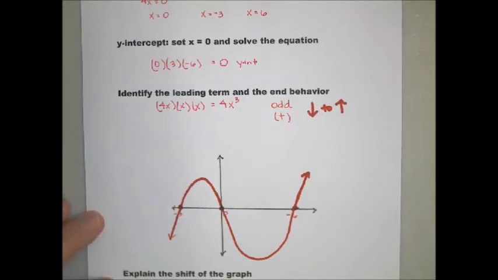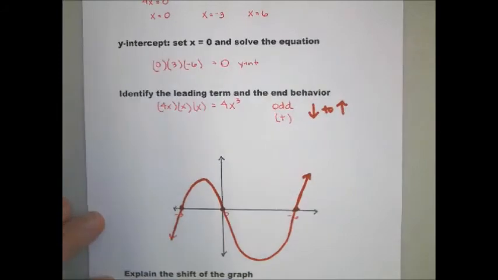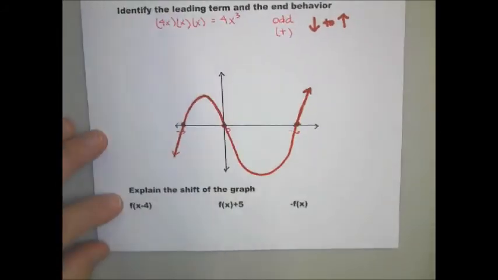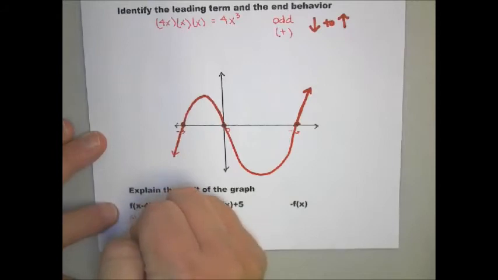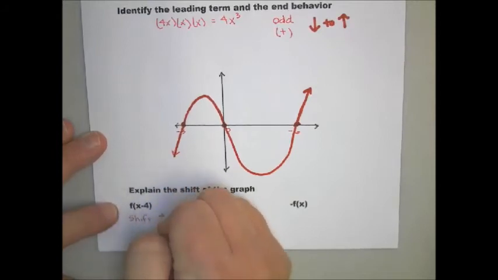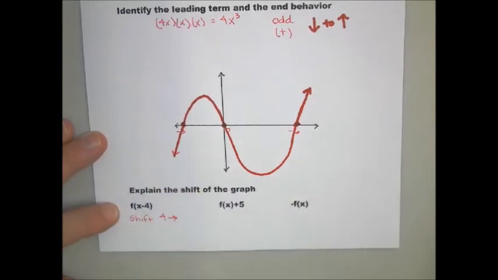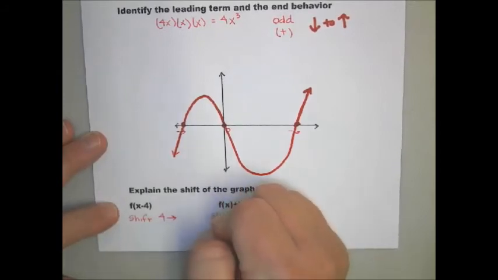Now, what if you had to graph this function only with x minus 4? What would you do to these key points? That would just be shift 4 units to the right. We learned that, I think it was in Unit 1. Now, what if it was f of x and then the plus 5 was added after the function?